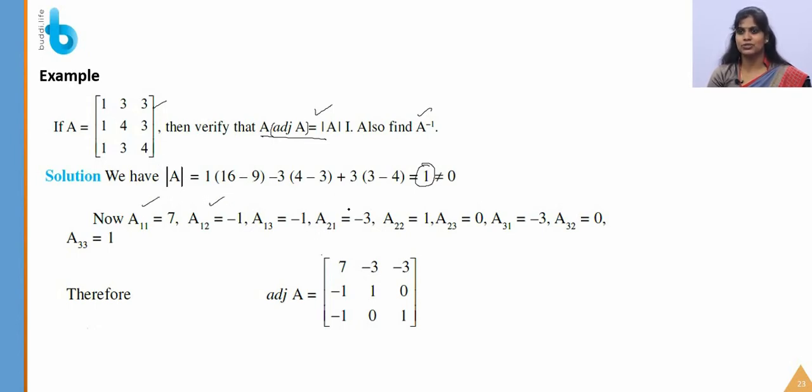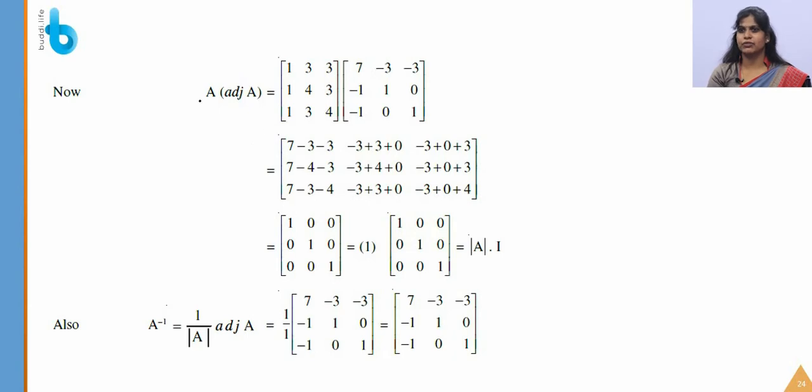Likewise you should find the cofactor of all the elements, and writing all of them and taking the transpose will give you the adjoint of A. The cofactor matrix is 7, minus 1, minus 1; minus 3, 1, 0; minus 3, 0, 1. Taking the transpose means writing the rows as columns and columns as rows, and that gives you the adjoint of A.